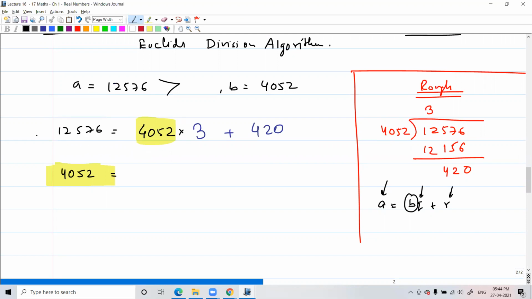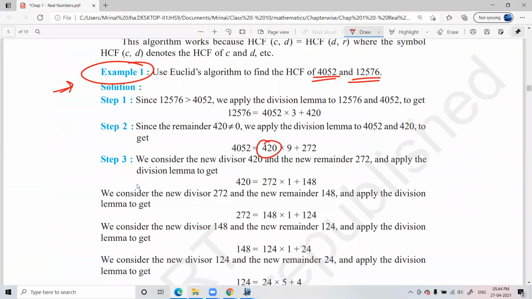Now, like I said, this was step 1. We are going to step 2. Again, we have to do the same thing. We have to write it in the same form, A is equal to BQ plus R, but with a minor change. What is that? The divisor becomes the dividend now. Remember that. Divisor becomes the dividend. Then what should be my divisor this time? You see, 420, sir.